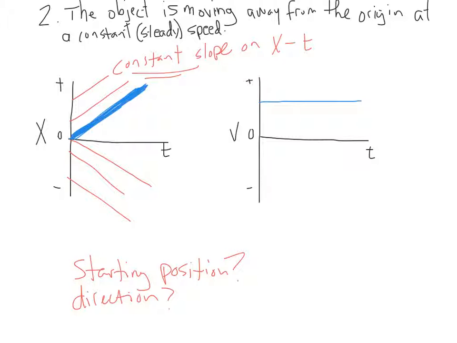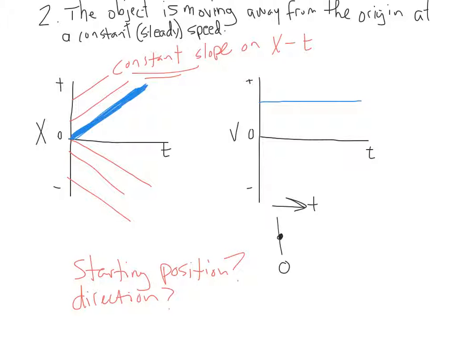Now, what kind of motion map does that have? If we were to sketch a quick motion map, this graph right here says it starts at the origin and travels in a positive direction with a constant velocity. So I have to start at the origin, here at the zero position.